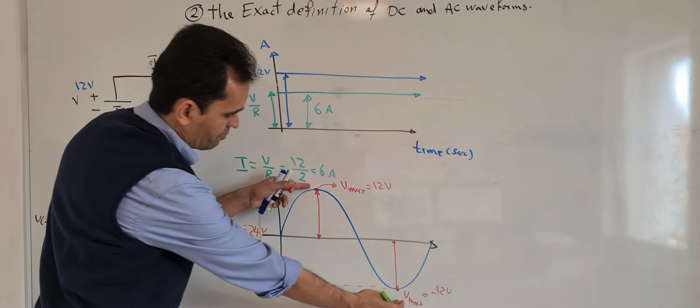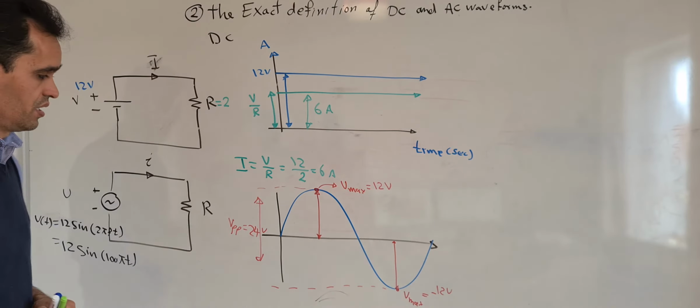So the voltage from peak to peak is called 42 volt.